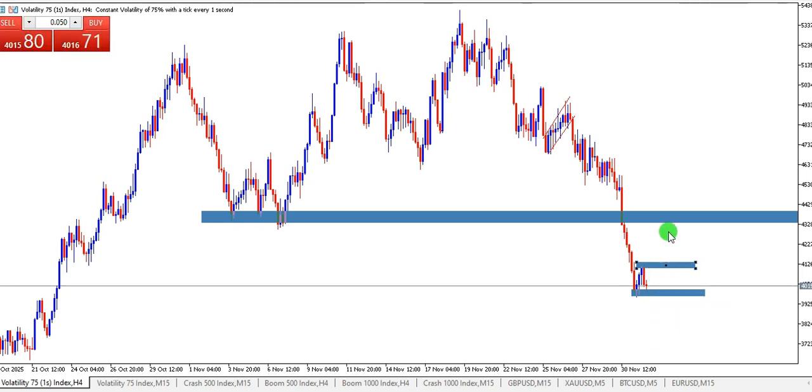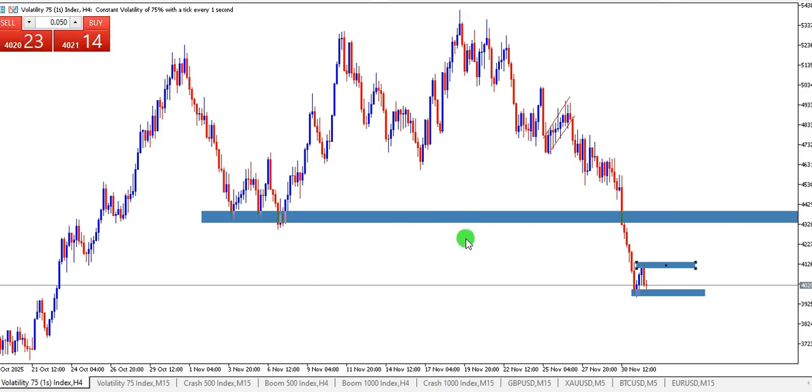Then if we have a break to this, it goes here, but a break above this gives us a big time bullish movement. So a break above this is full time bullish, and a break below this is full time bearish. But a break above this first tells us about this, and if we can have a breakout from this, then we can think of going long on this side.